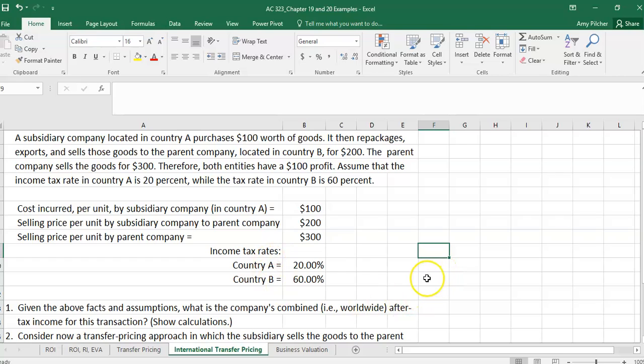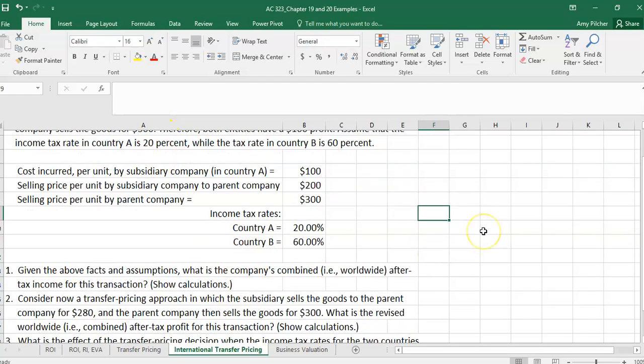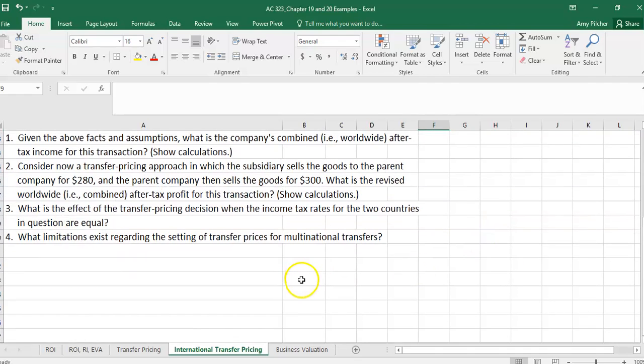We have to pay taxes, imports, tariffs, and other fees on goods that we transfer in and out of countries. So the very first thing we're asked to do here is what is the company's combined after-tax income for this transaction? So we have country A, country B, and then our consolidated effects.